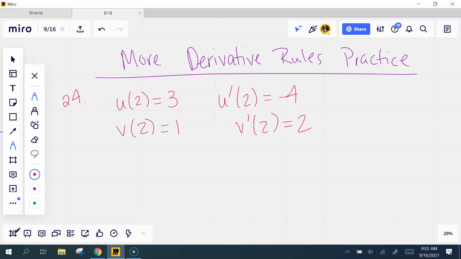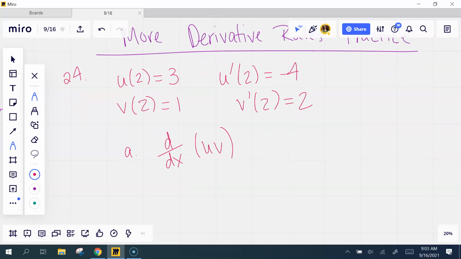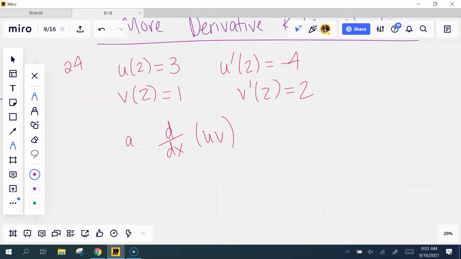So part A says, what is the derivative with respect to x of u v? This is just testing your knowledge of the derivative rules. It's the product rule here. What does that say?